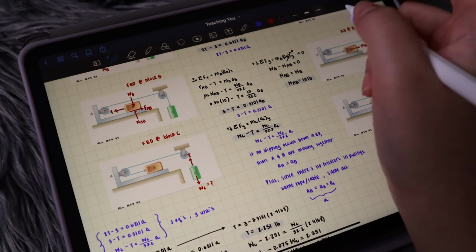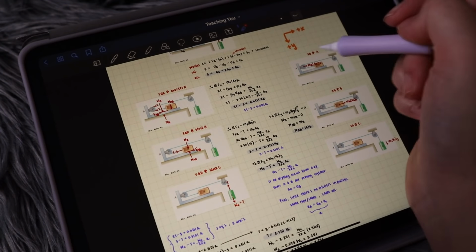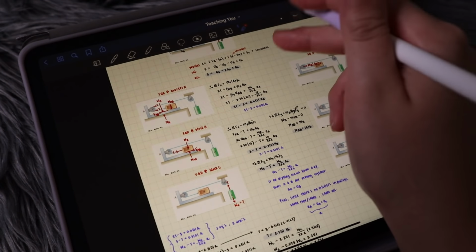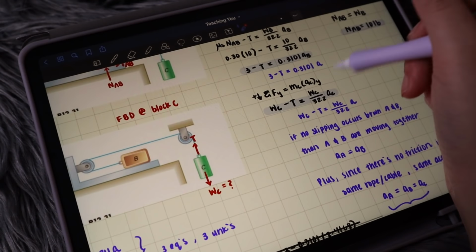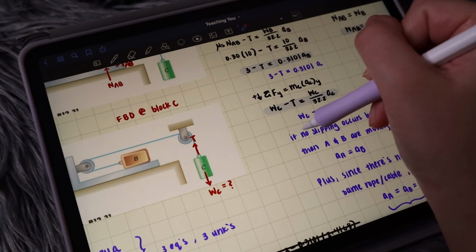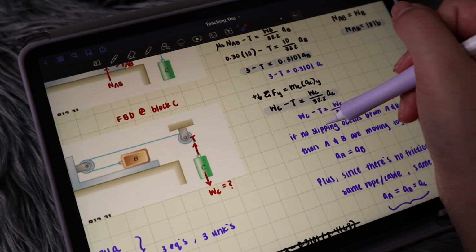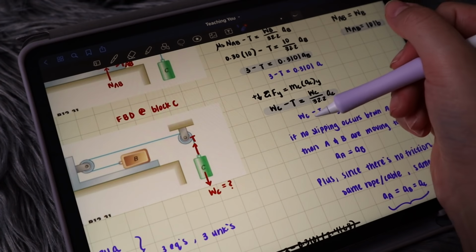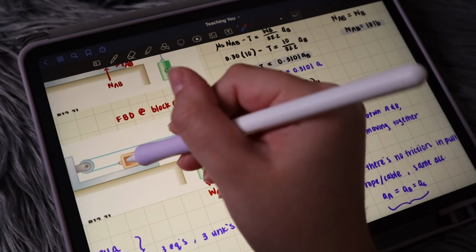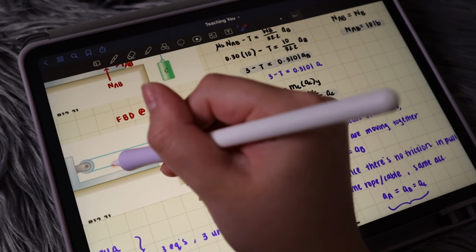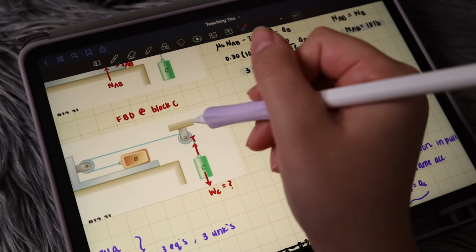Use the same equations. We're just gonna have to switch up some things. For one, slipping, the non-slipping is no longer a thing. So now we're saying that B is going to slip because once C gets heavier, it's going to change everything. Now B is going to slip, it's going to move. And A is also going to have a different acceleration.